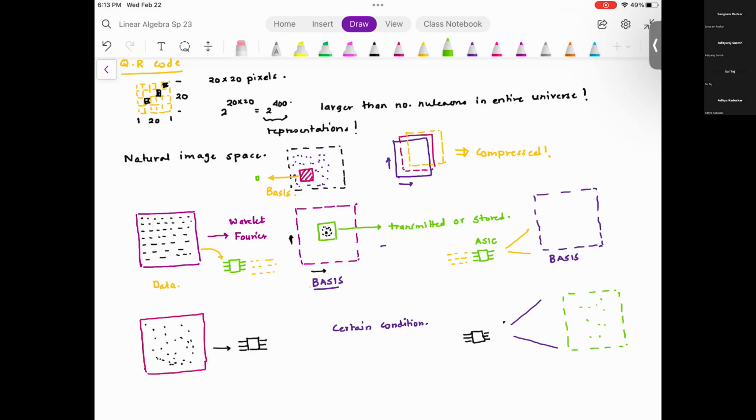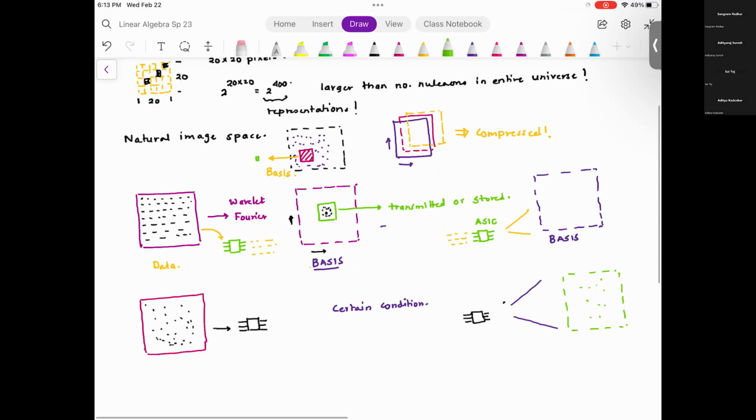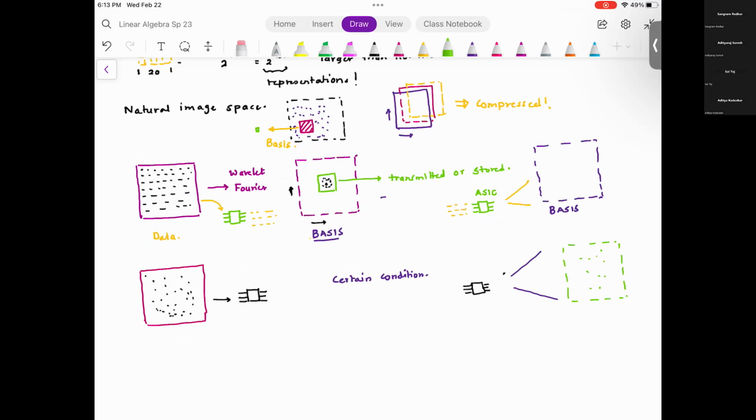Now, this is very powerful, and the classic application of this technique is in infant MRI.